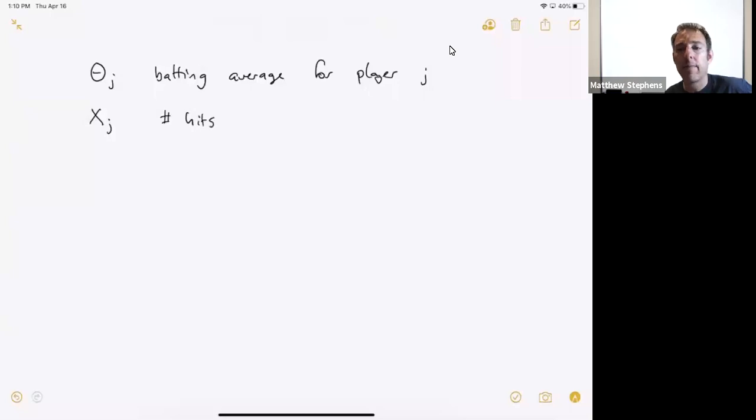So that's our data. And NJ is the number of at-bats. Of course we're going to assume that XJ given NJ is binomial. So each time you go up to bat, you have a theta J probability of getting a hit.